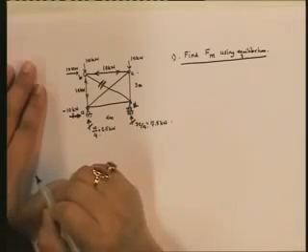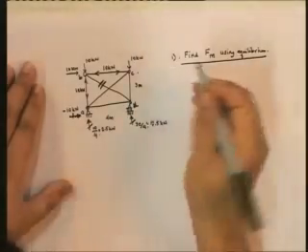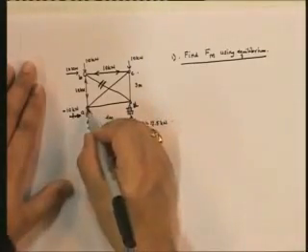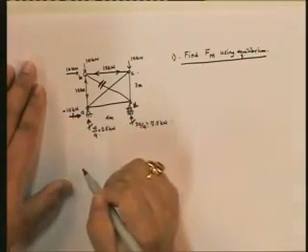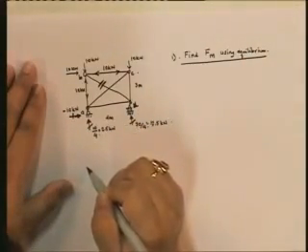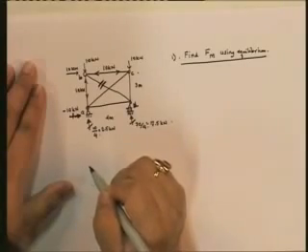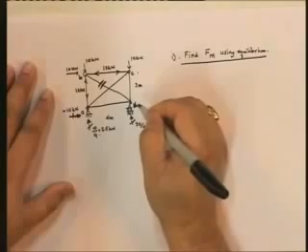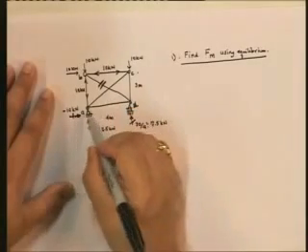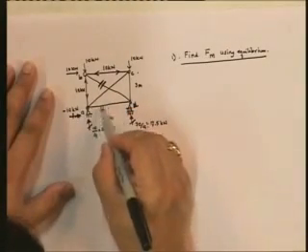Now where do I go? I can go to any joint, but let me go to joint A. If I look at joint A, if you study it carefully, let's look at what is the force in this member.